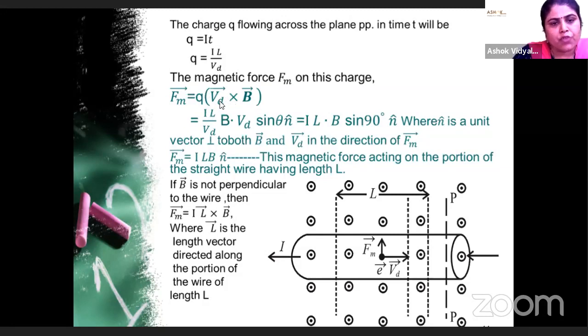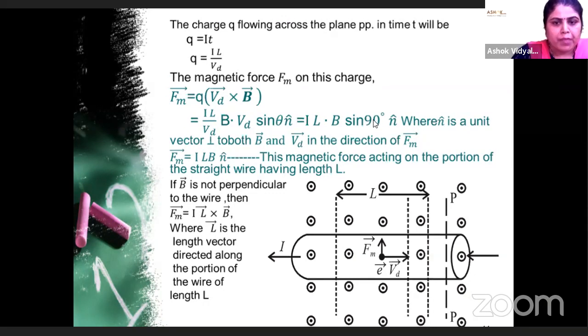We know the basic formula q V bar cross B bar, but here we are considering the drift velocity, so instead of V we take Vd bar. Putting the value of q, which is I L divided by Vd, and solving the vector product, we get B Vd sine theta into n bar, where n bar is the unit vector, equal to I L B sine theta, where theta is 90 degrees.